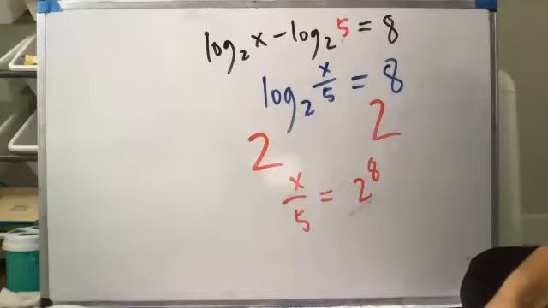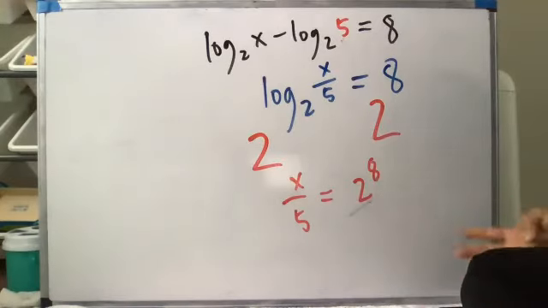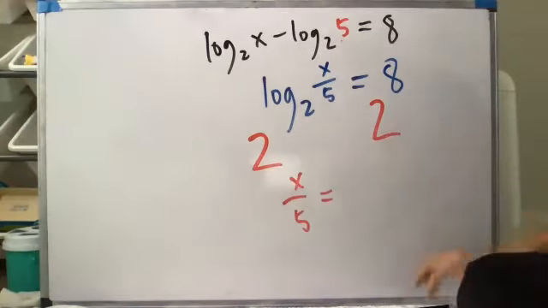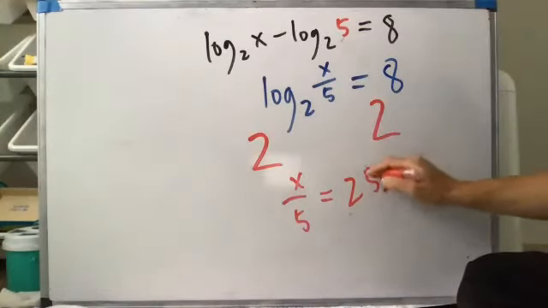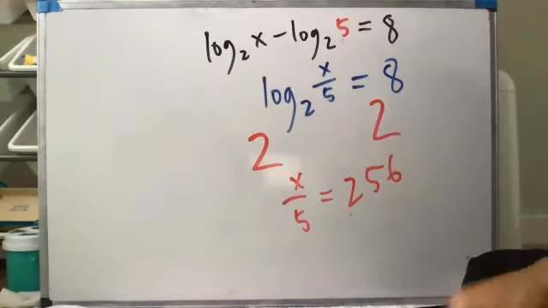What's 2 to the 8th? Let's see, 2, 4, 8, 16, 32, 64, 128, 256. That's 256. Okay, and then just divide both sides by 5.